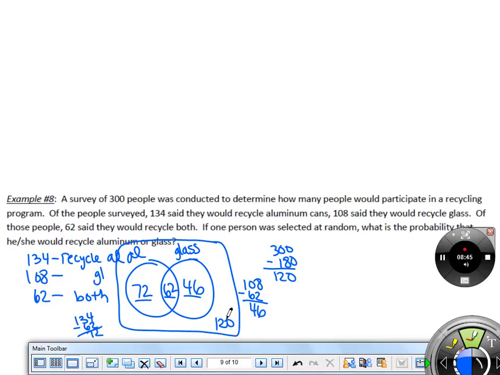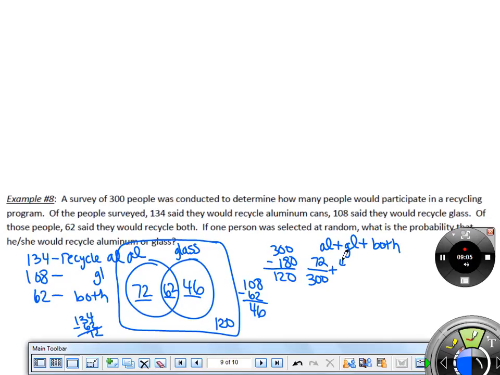All right, so the question is, what is the probability that he or she would recycle aluminum or glass? So we want to include the people that would recycle aluminum plus the people that would recycle glass plus the people that would recycle both. So aluminum is 72 out of the 300.